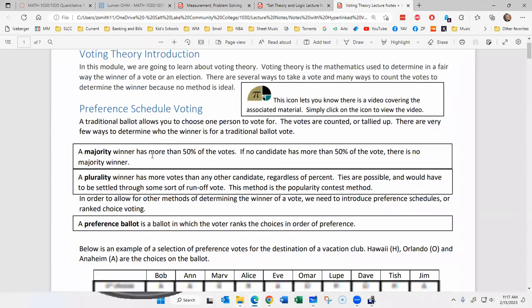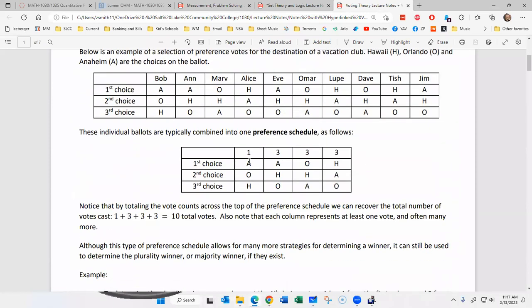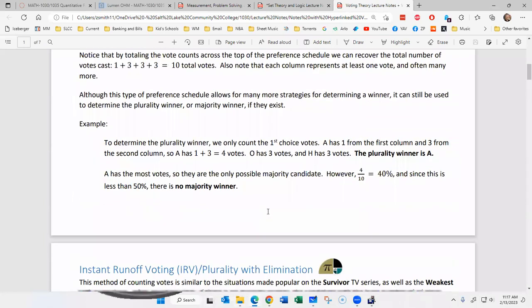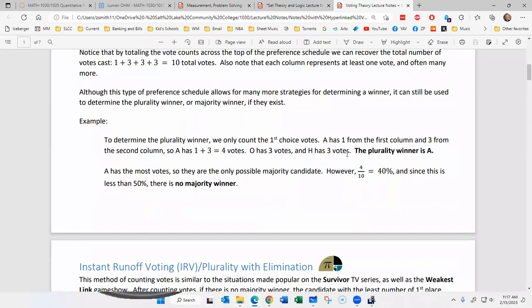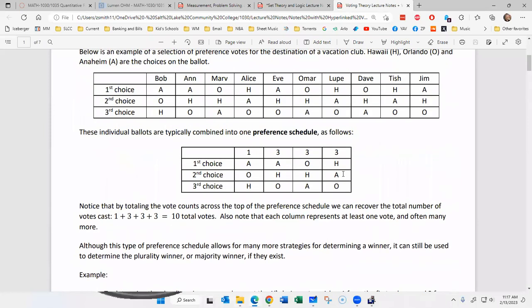Okay, preference schedule voting. First off, what's important about preference schedules is along the top are the votes. You can see that there are 3, 6, 9, 10 people involved in this vote. Plurality means just the most popular.